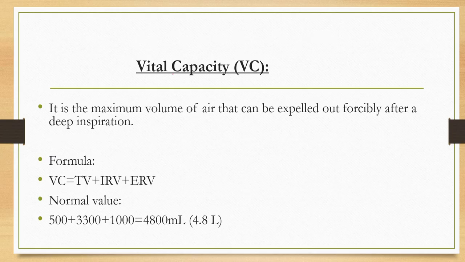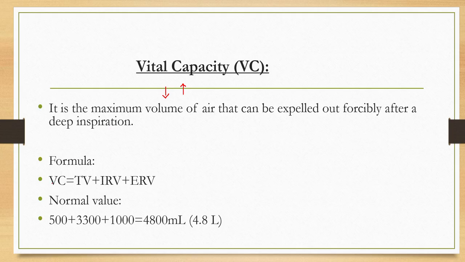Vital capacity. When you take a really deep breath in, like you are about to blow up a big balloon, and then you breathe out as much air as possible, that full amount of air you breathe in and out is called vital capacity. Let's see the definition. It is the maximum volume of air that can be expelled out forcefully after a deep inspiration.